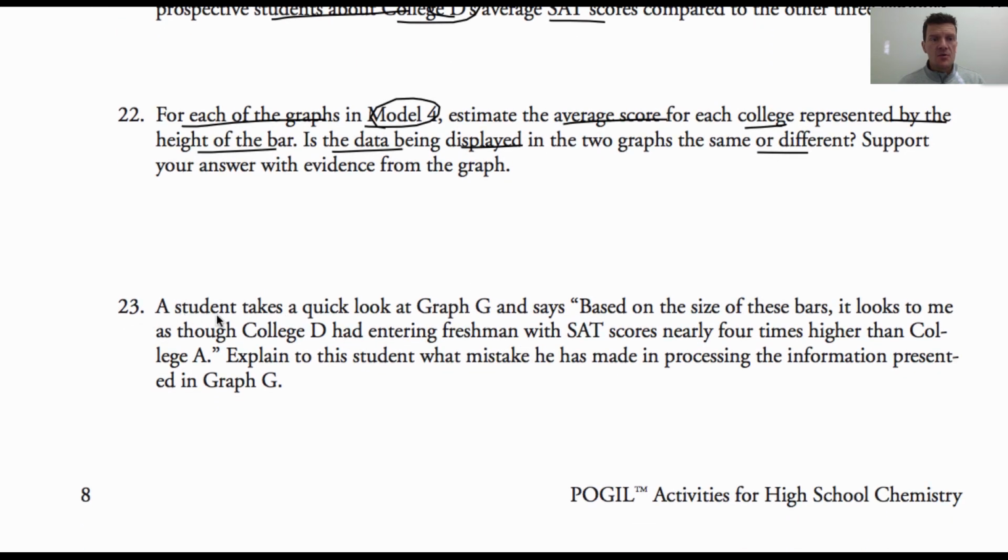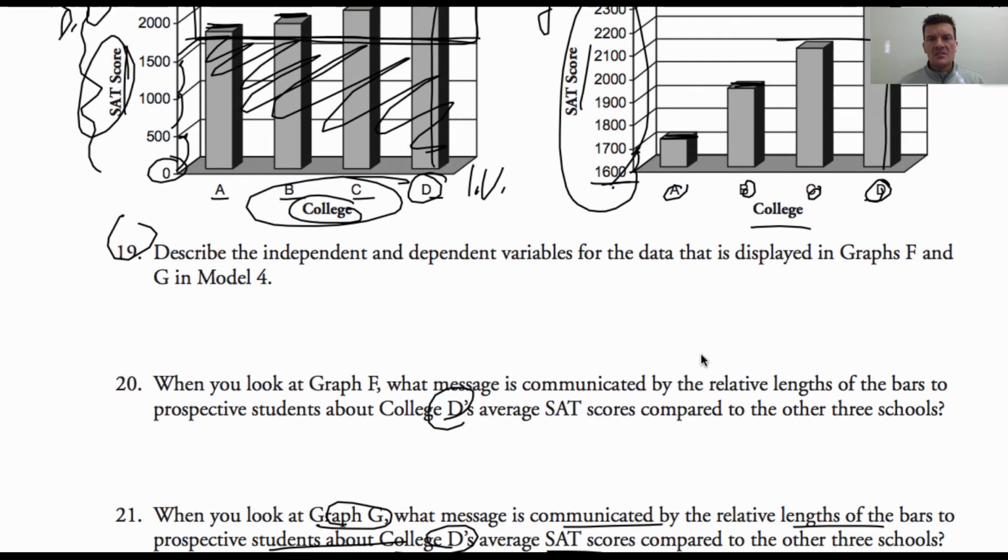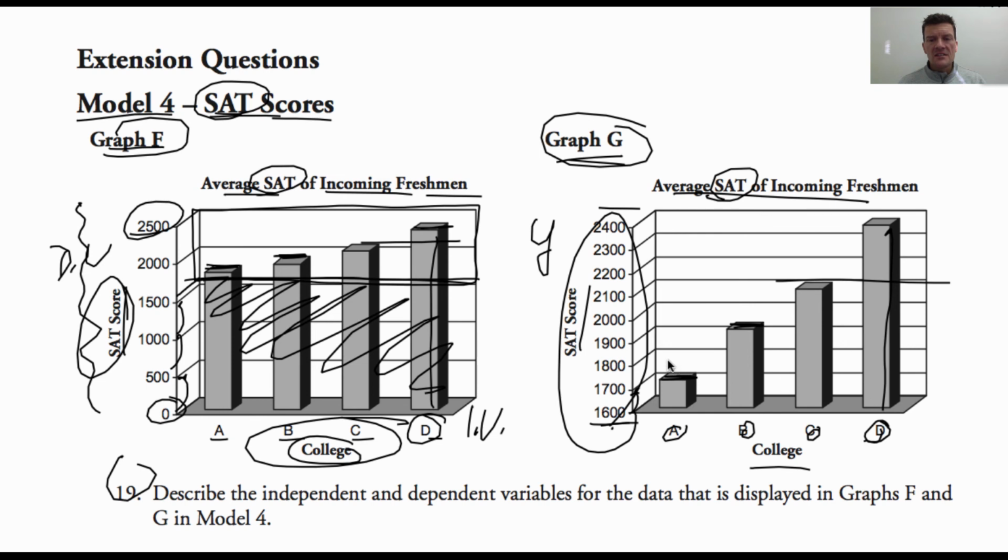So that's the point. A student takes a quick look at graph G and says, based on the size of these bars, it looks to me as though college D had entering freshmen with SAT scores nearly 4 times higher than college A. Explain to the student what mistake he has made in processing information. So again, he's not looking at the values. He's just looking at the way this graph has been represented, with lots of the bar being chopped off.